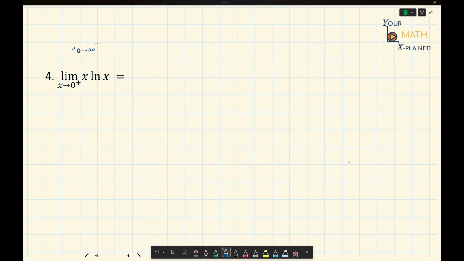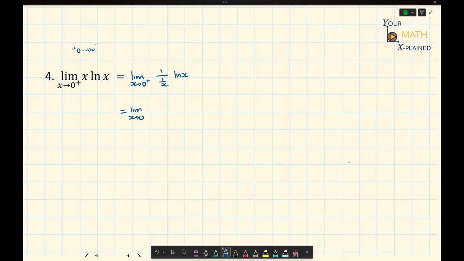And to do that, we just need to rewrite this as a ratio. So this is equal to the limit as x approaches 0 from the right-hand side of, so instead of going x times ln of x, we can rewrite x as 1 over x. Well, why do we want to do that? Because if we write this as 1 over x, this now can be rewritten as a quotient.